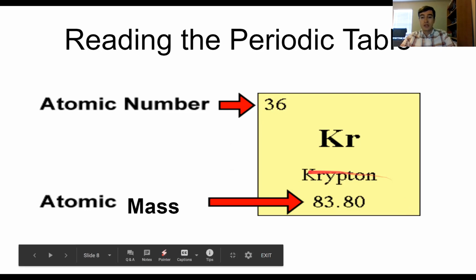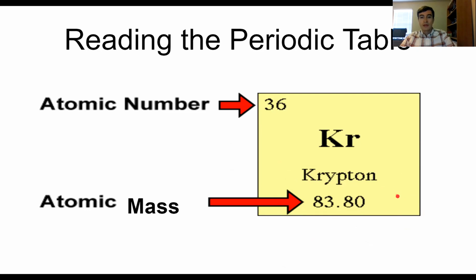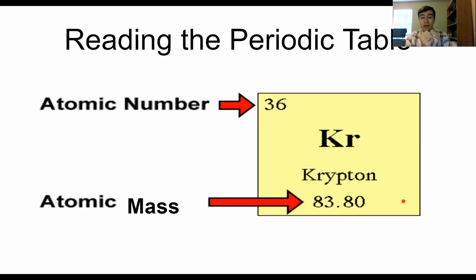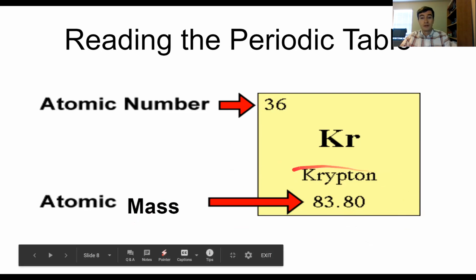The bottom number, which is always going to be larger than the top number, is the atomic mass, or sometimes called the atomic weight. If you remember earlier when we said if you take the protons and neutrons and add them together, you'll get your atomic weight, that's what this number is referring to.